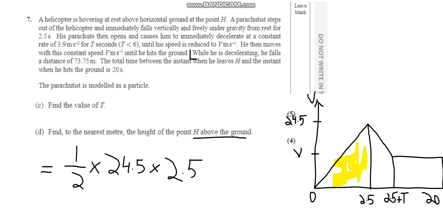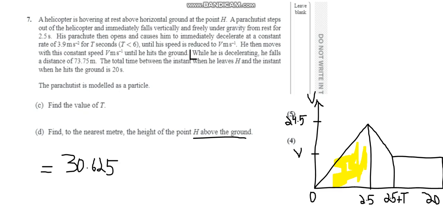Plugging in the values, half into 24.5 into 2.5 gives us 30.625, and then we can add 73.75 to that. Now coming back to the rectangle and the trapezium part. To find the height there, finding the v here will be difficult because we don't know the v value.